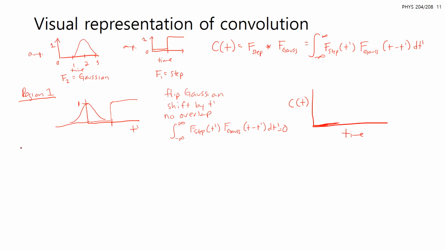The second region is when we shift that Gaussian and there's going to be partial overlap between the two. So if this is our step function, at some point that Gaussian, as we're shifting it over in t prime in this space, will start to overlap and our integral will start to have a value.